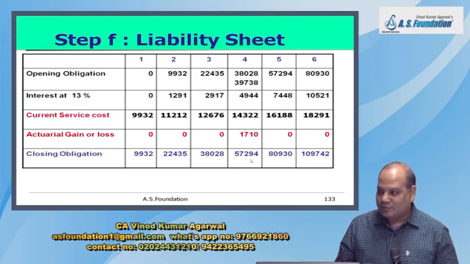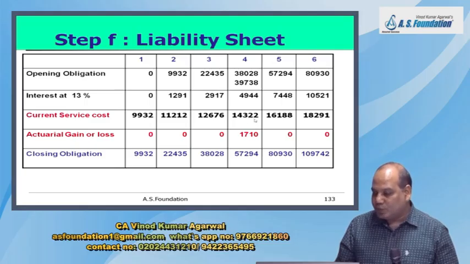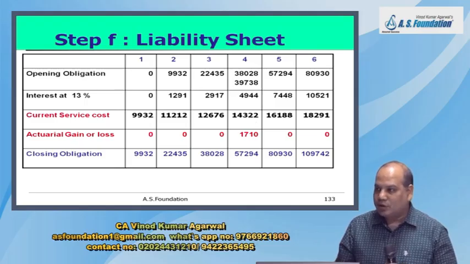Journal entries. What is the journal entry you will pass in the 4th year? In the 4th year, I will pass entries like this. First is interest cost account debit, current service cost account debit, to present value of defined benefit obligation. One more entry: present value of defined benefit obligation to actuarial gain, in bracket OCI.